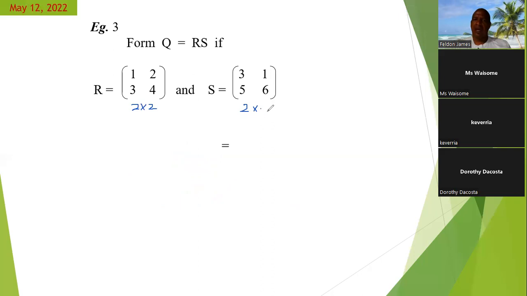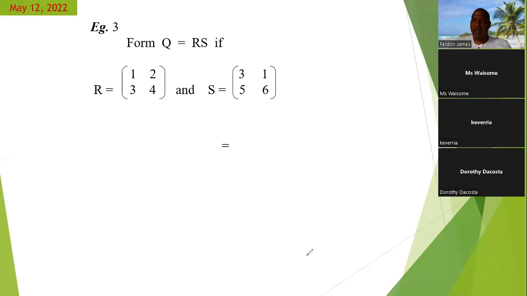And it means that this column and this row have the same numbers, so we know we can multiply. All right, so when we are multiplying now, what is the rule that we follow when we multiply? So let me clear what we have here, because I don't want you to confuse these.